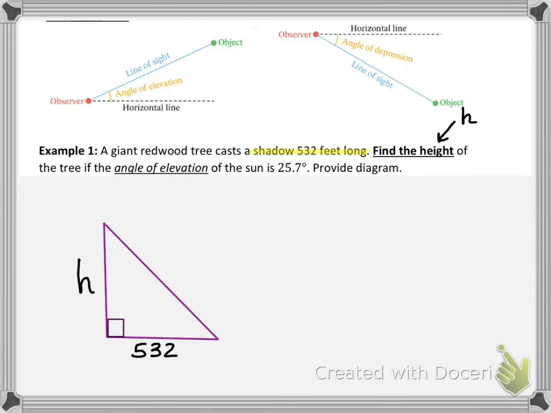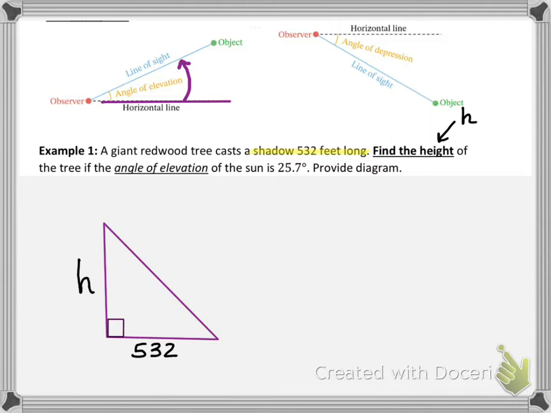The angle of elevation. Remember upstairs in this picture, the angle of elevation has to start from a horizontal line, right here that I keep drawing, and the angle of elevation of your eyesight will go upwards. So notice our horizontal line is the shadow, and the angle of elevation of the sun is 25.7.